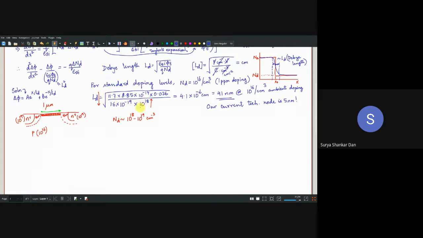I have multiplied the denominator by 100, from 16 to 18, so I'm going to divide this LD by 10, correct? So this 41 nanometers immediately becomes 4.1 nanometers. That means if I have 10 power 18 per centimeter cube instead of 10 power 16, you will be left with only 4 nanometers.